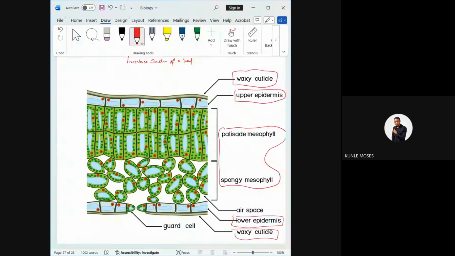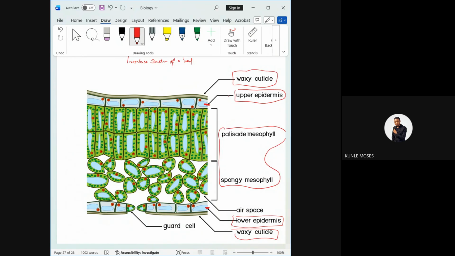Anytime they are pointing to the one that is upper here, it is in the exterior level. It is upper. The same structure that is downward, it is lower. So if they are pointing the arrow to the lower part, you call this lower epidermis, not upper epidermis. Please, are we together? Can you see it there?